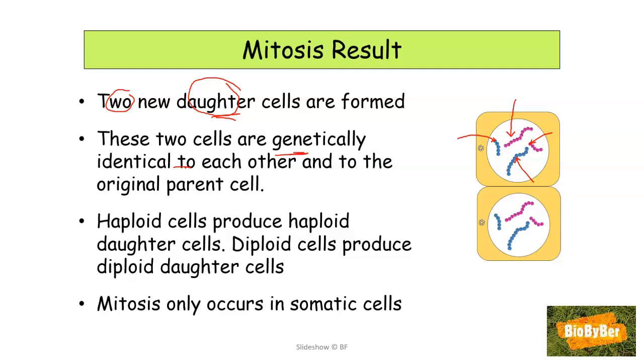And you will notice here that we end up with two daughter cells where the chromosomes are in pairs, or they are diploid cells. And a final reminder, mitosis only occurs in somatic cells, cells not involved in reproduction, normal body cells.